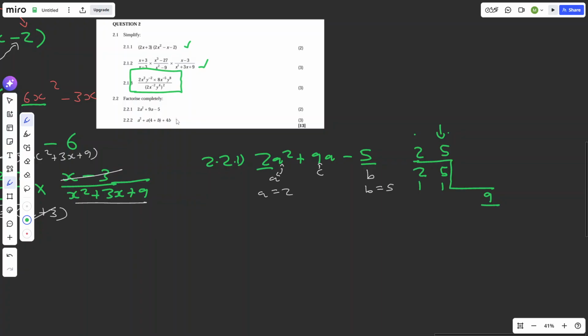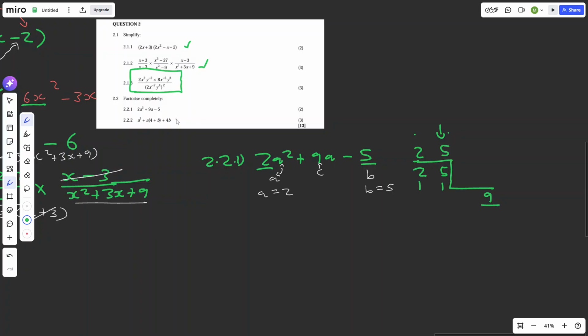So from here onwards, what we're going to be doing is cross multiply. So I'm going to take the 1, multiply by the 5, and the 2, multiply by the 1. Okay. But what I want you to see here is that depending on the factors that you've chosen, you get a different output.